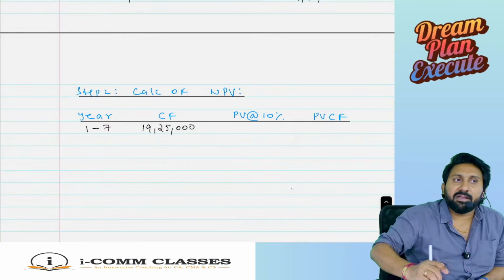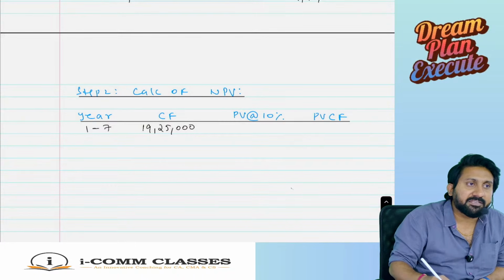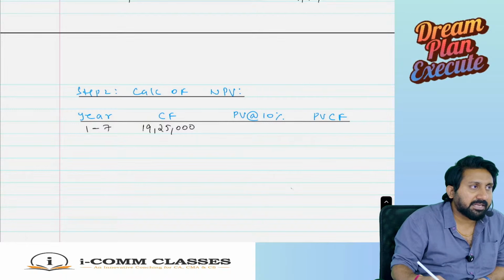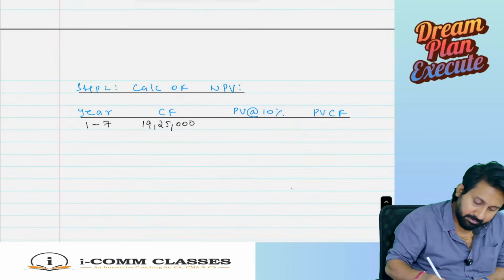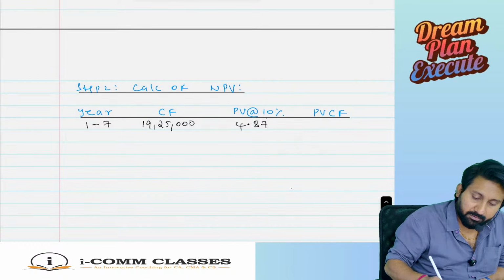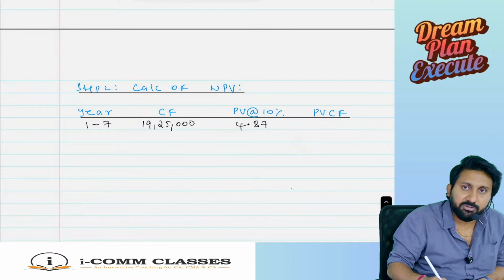Please tell the annuity value. 10% for 7 years annuity, equal amount, equal amount, like that for 7 times. 4.868. You should say 3 decimals.